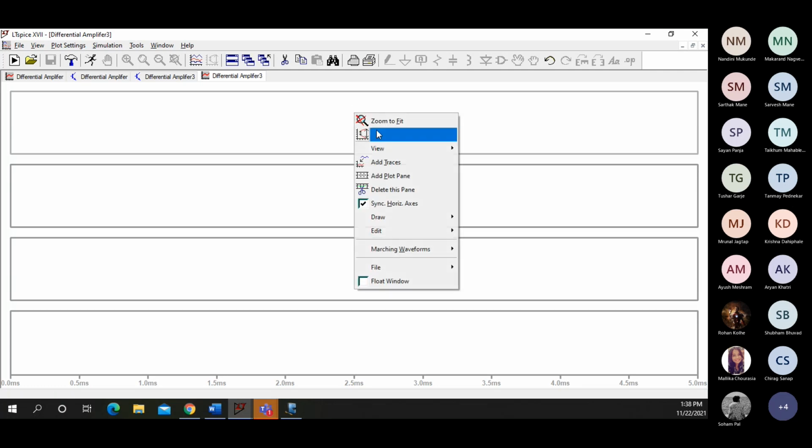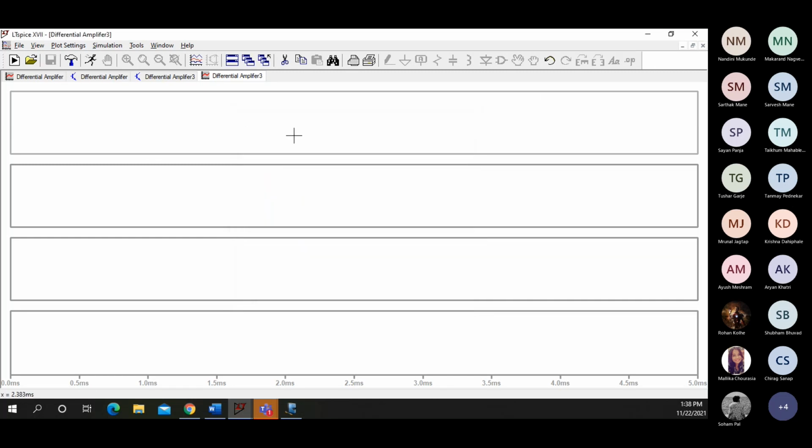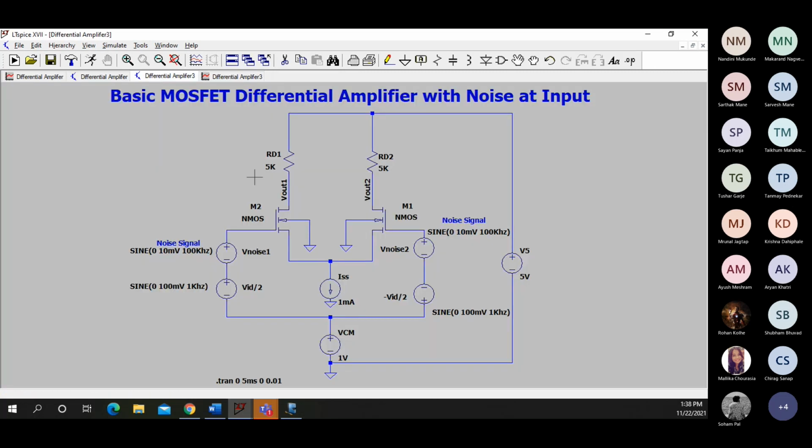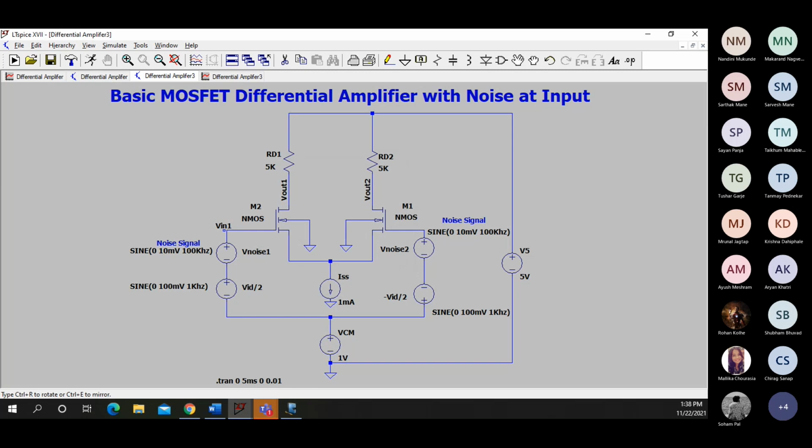Now in the first one, like I said, we will put V in 1 and V in 2. We have not named it, so let's name it: V in 1, V in 2.